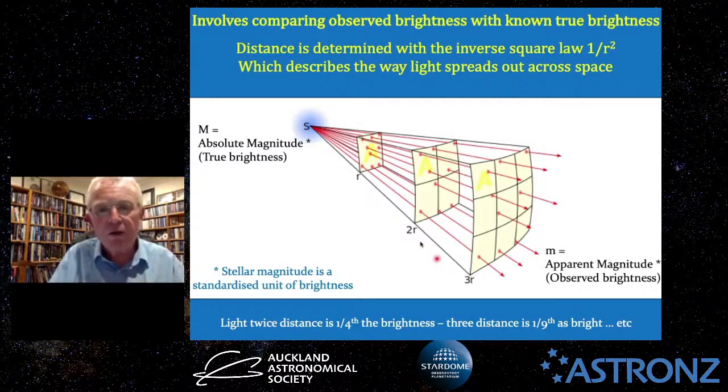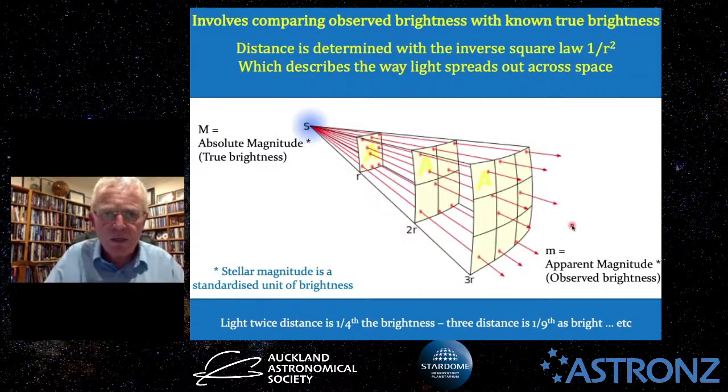If you go out to 3 times the distance, the light has to spread out over 9 times the area, so it's going to be 1/9th as bright, or 9 times dimmer, whichever way you want to look at it. So that's why they use the inverse square law. You know how bright an object is, you measure how bright it looks from Earth, and use the inverse square law, and you can easily work out its distance.